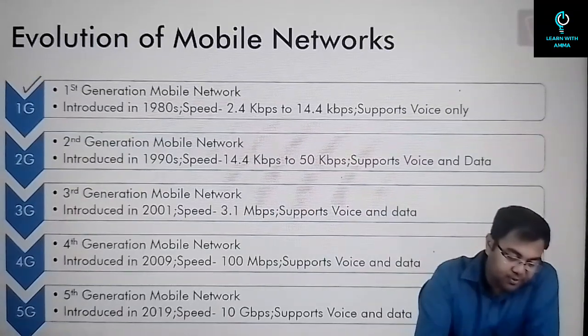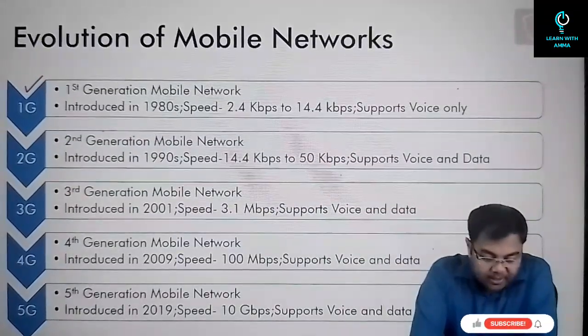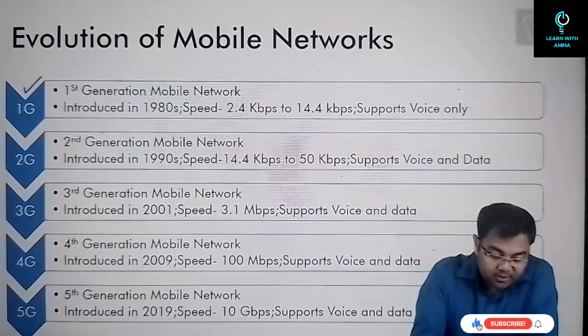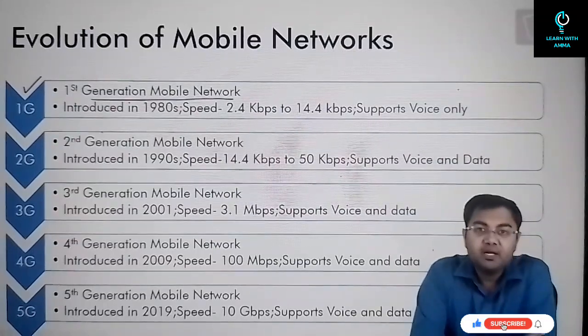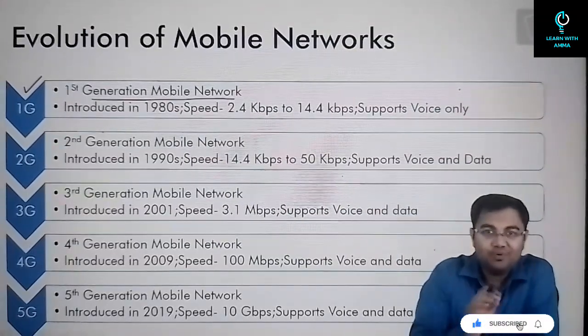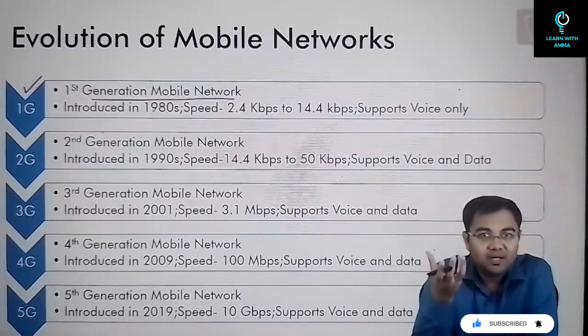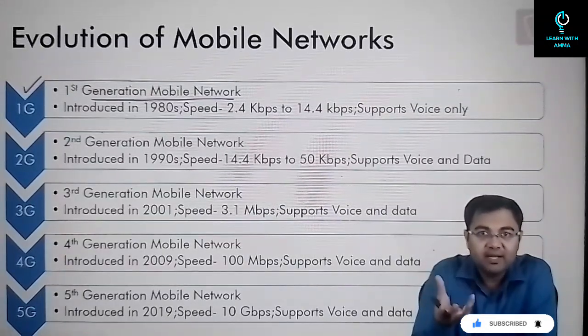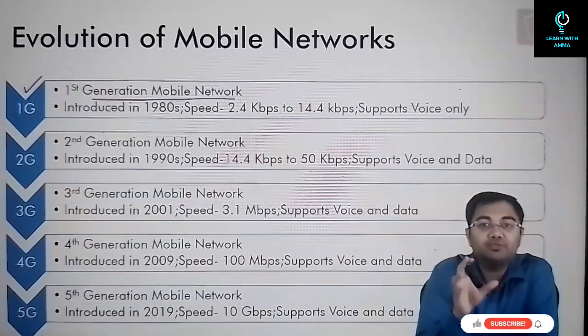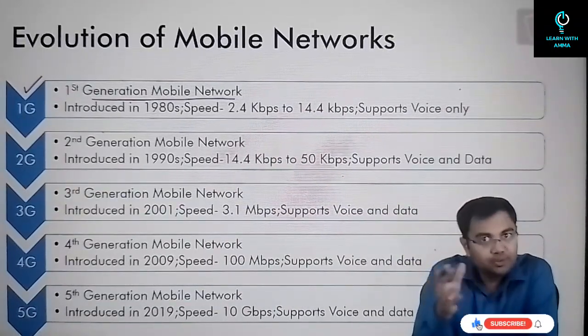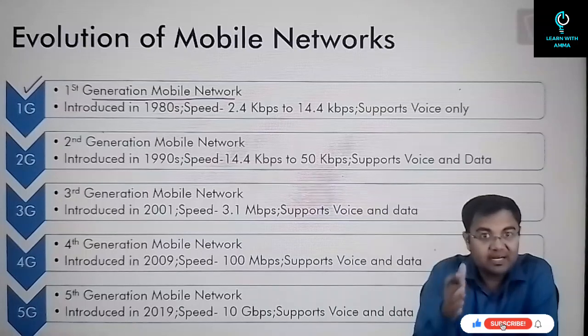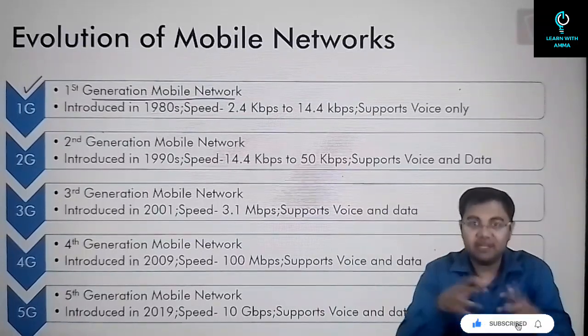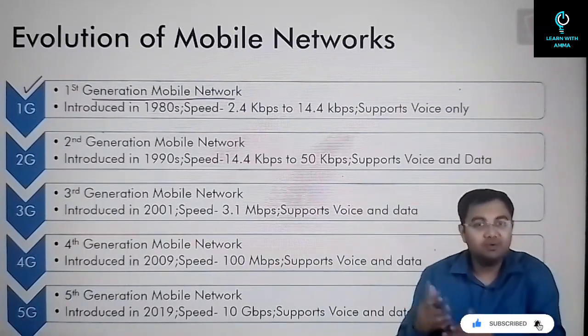The first thing is the first generation, or 1G. 1G was the first generation of mobile networks. This is what mobile phones were supposed to be: a device in your hand that is used for talking without any wires, without having to sit at one place and talk, because your entire telephone is connected to wires.